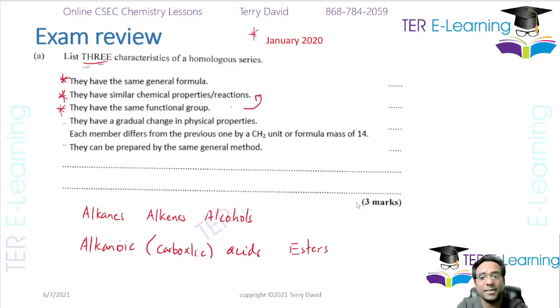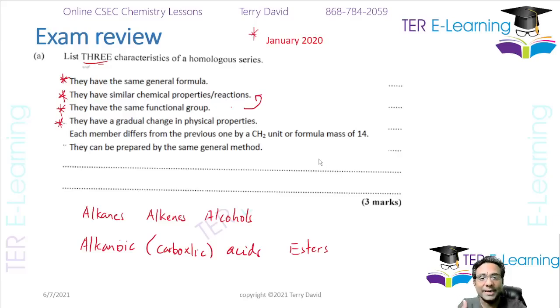Sometimes in the exam they might ask you, what is a functional group? A functional group is simply an atom or a group of atoms that determine the chemical properties of an organic compound. Now, the next one here, they have a gradual change in physical properties.